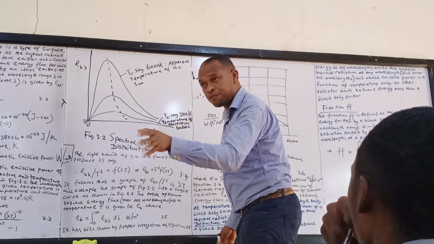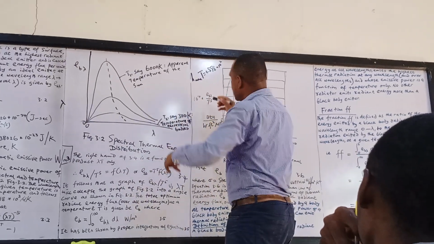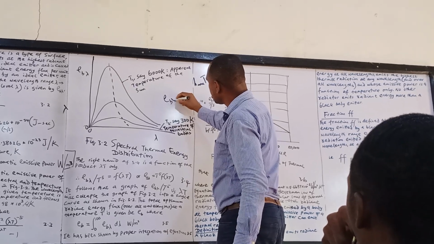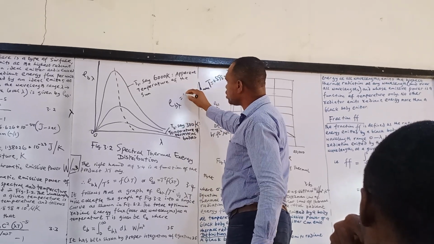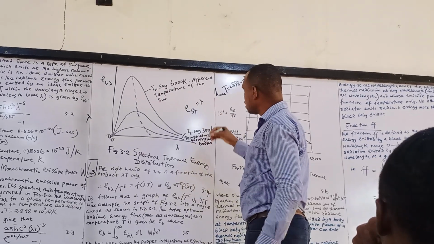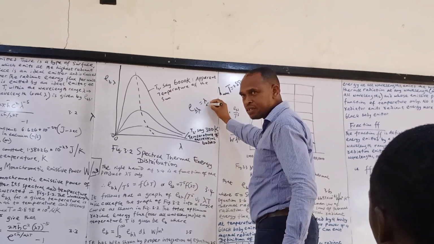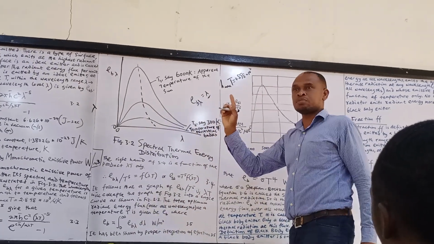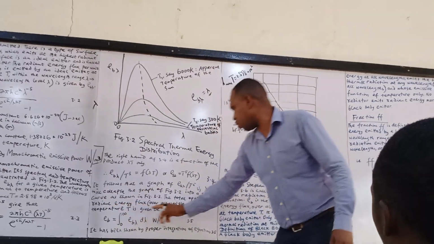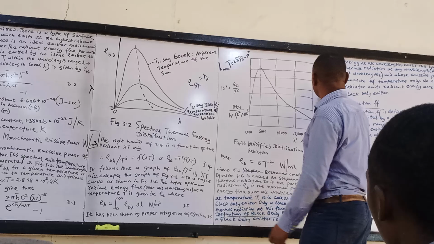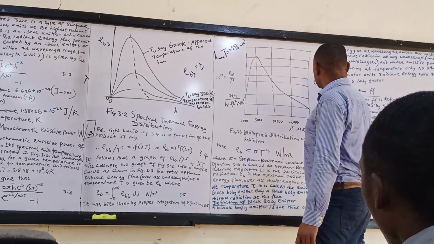Therefore, if E_b lambda is dependent on lambda, that is, it varies with lambda and temperature, at that lambda. Therefore, the total optimum radiant energy flux over all wavelengths, that is from 0 to what? Infinity.